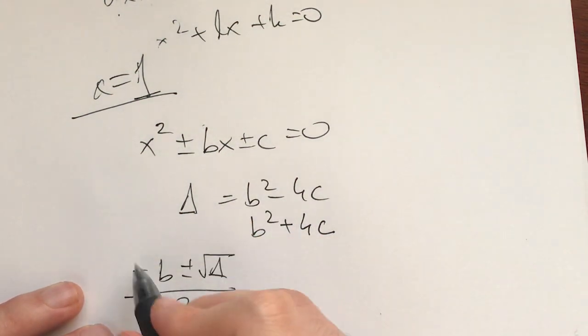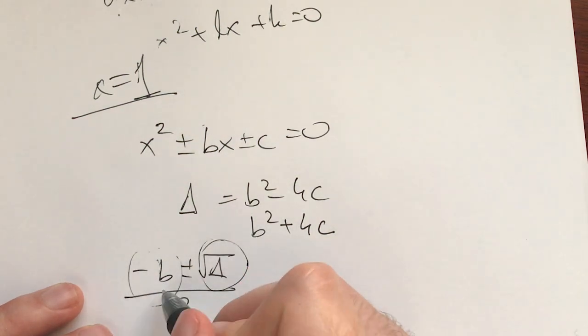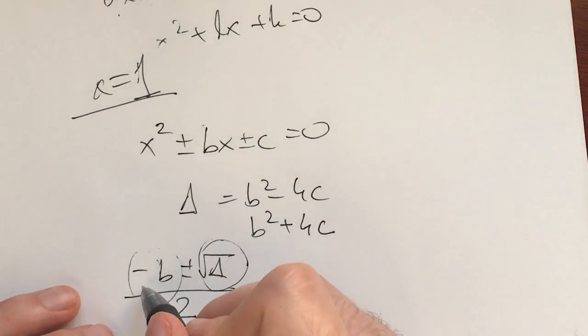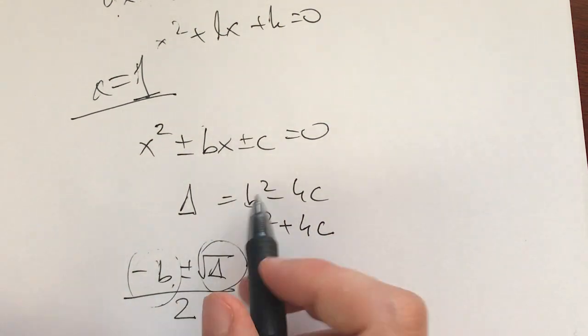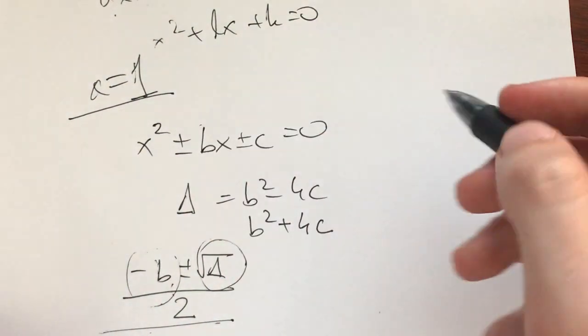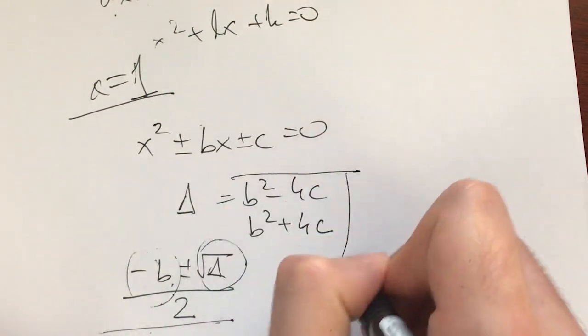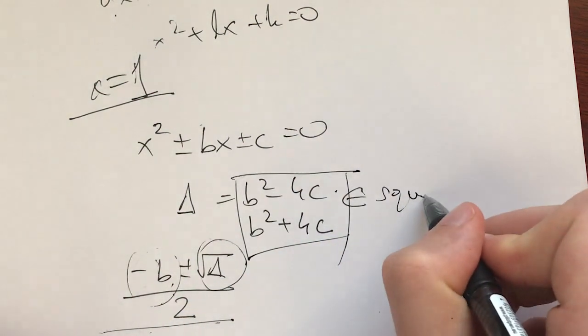Now I noticed something: the discriminant, its square root, and b are going to have the same parity. So if the square root of the discriminant is an integer, then the roots are integers, no matter how you choose the pluses and minuses. So we need to find b and c such that both of these discriminants are squares.